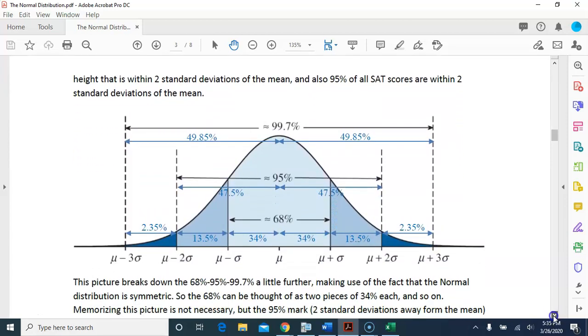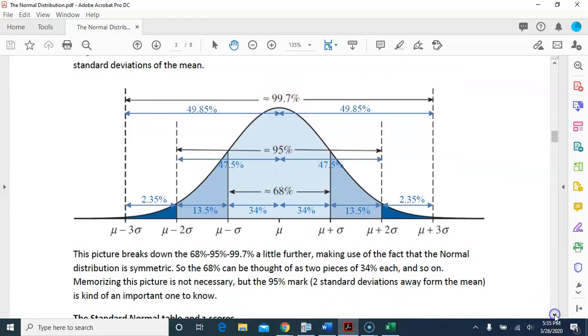If we use the symmetry of the normal curve, I know this picture looks a little bit messy, but if we use the symmetry of the normal curve, we can say that the 68% is split up into 2 different pieces that are each 34%, and the 95% is split up into 2 pieces that are each 47.5%, and so on with the 99.7%. And then also, if from here to here is 47.5, and from here to here is 34, then that means from here to here has to be 13.5%.